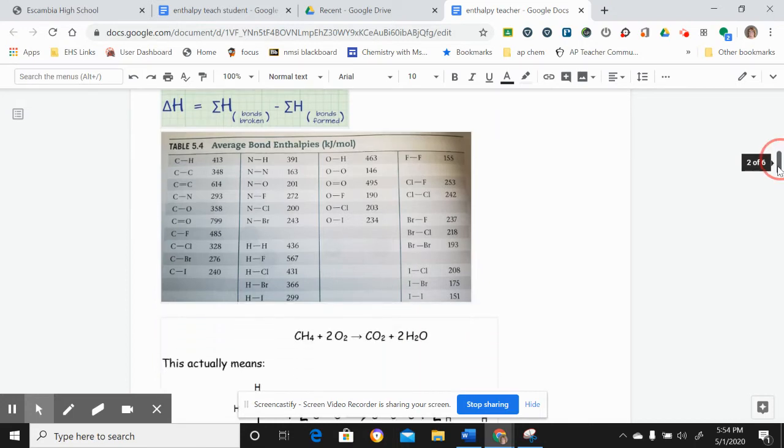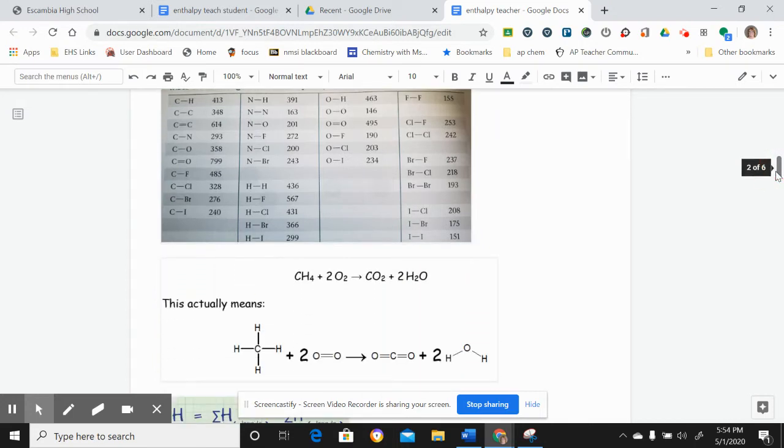So let's look at a problem here. So I have CH4 plus 2O2 forming CO2 plus 2H2O. Now, if I look at CH4, I have my carbon in the center. Carbon has 4 valence electrons, and so it can form with 4. So I have CH4, I have 4 of them.